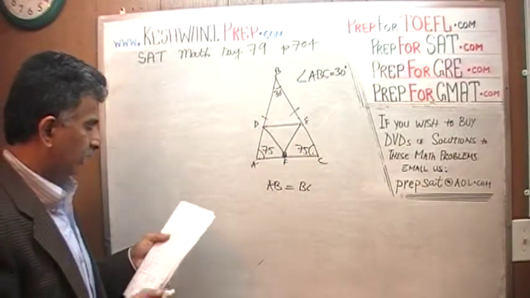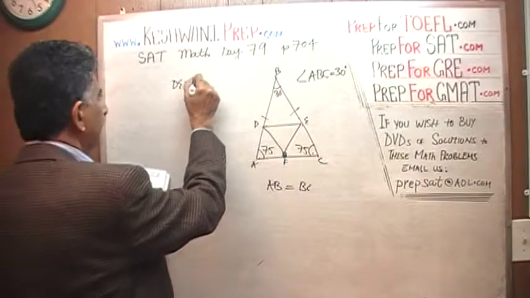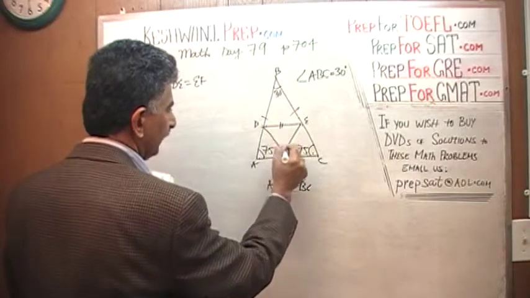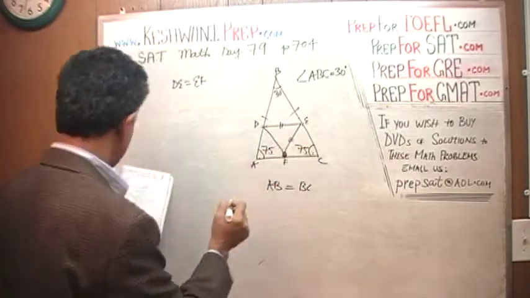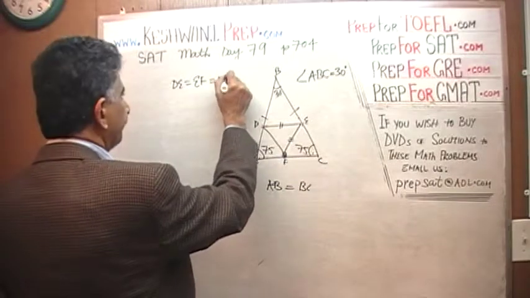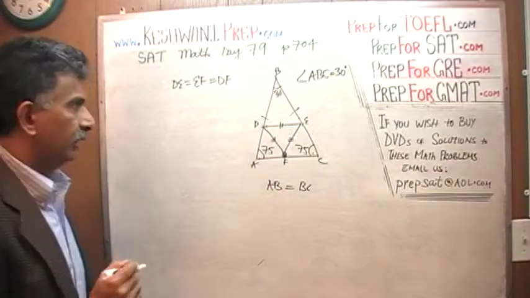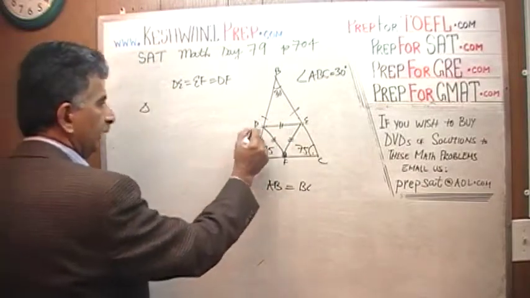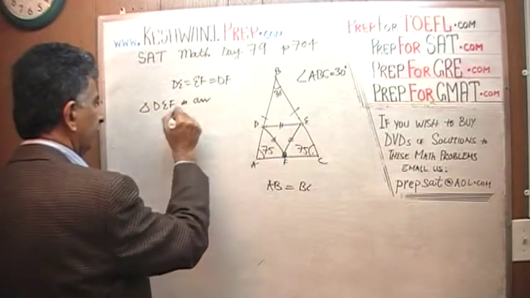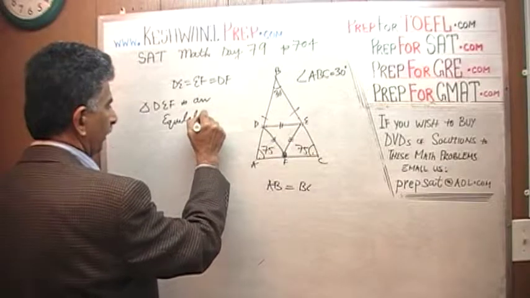So in triangle DEF, we are told that DE equals EF. See, D to E, this side equals E to F, and we are also told that it is equal to D to F. In other words, what we are told here is that the triangle DEF is an equilateral triangle.